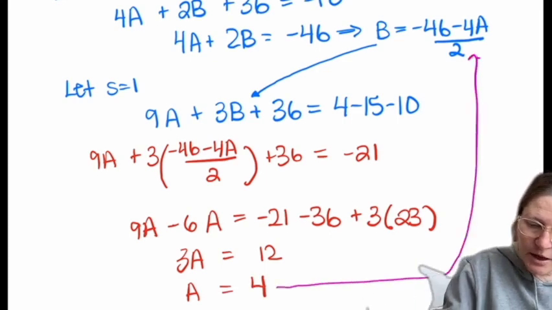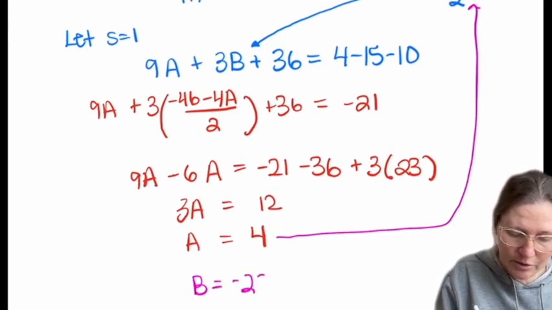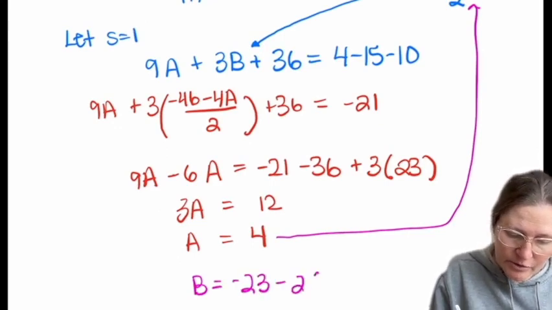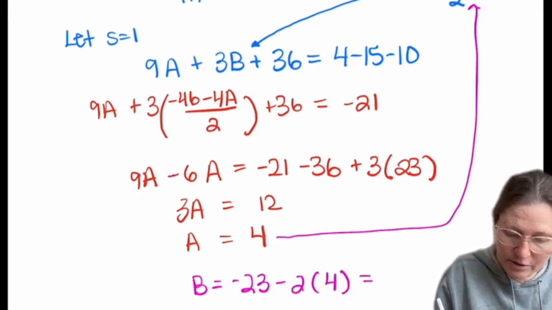And then go plug that one in for b, and that gives me b is minus 23 minus 2 times 4, for a value of minus 31.